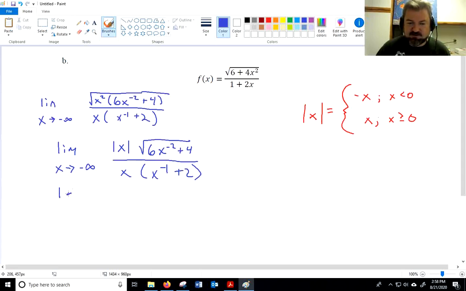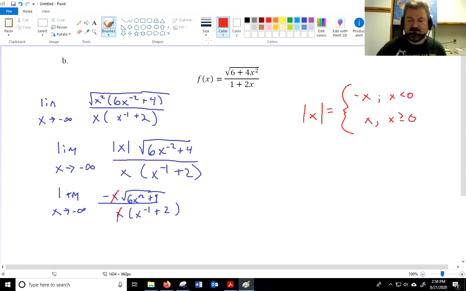So this is really the limit as x approaches negative infinity of negative x times the square root of 6x to the negative 2 plus 4, over x times x to the negative 1 plus 2. So these do reduce, but they reduce to a negative 1. And now I'm going to plug in.